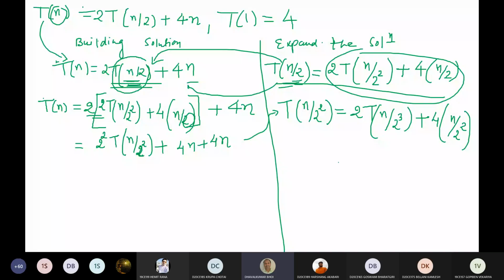Okay, so if I put this value back into this equation, what will we be getting here? Can anyone tell me? You put the value of this t of n divided by 2 square here. So what will be the value of t of n?